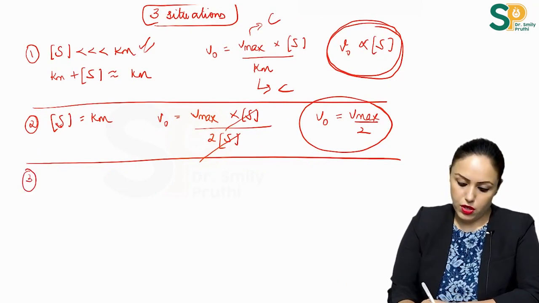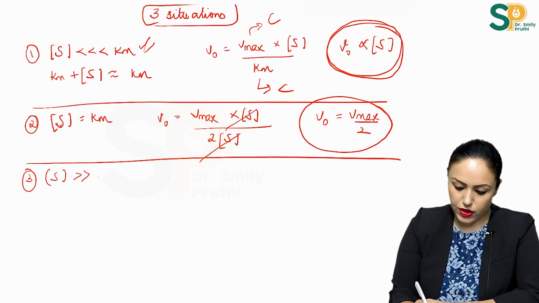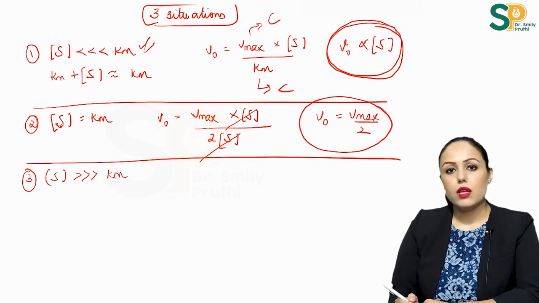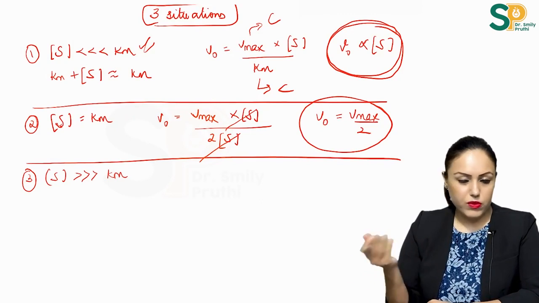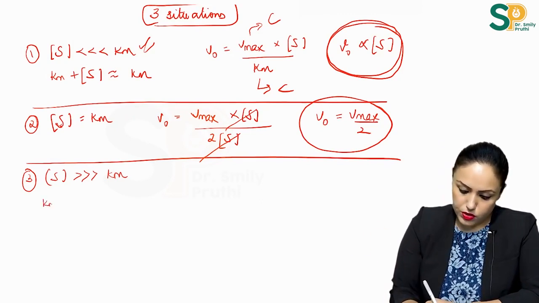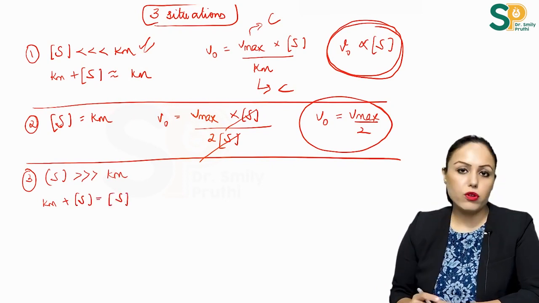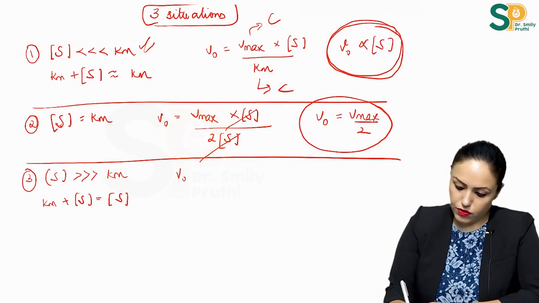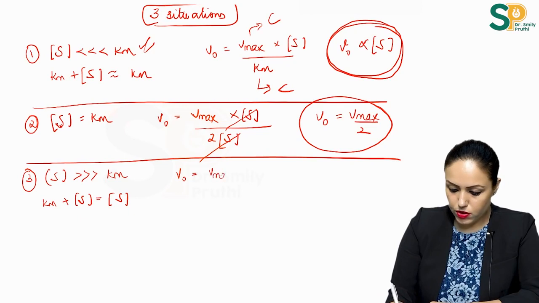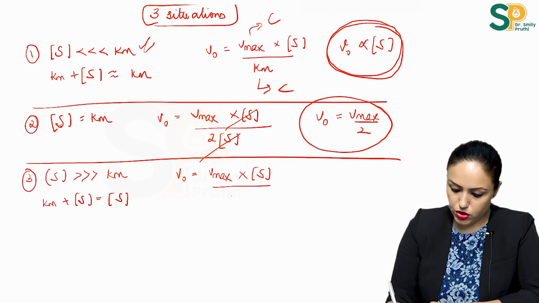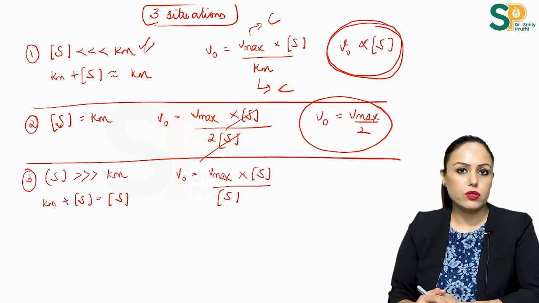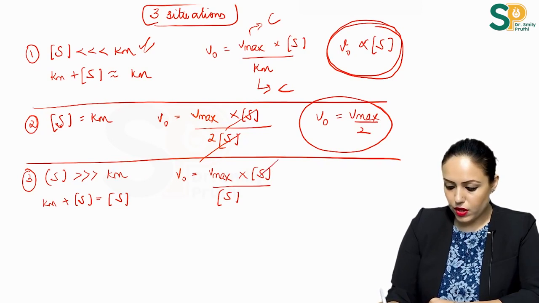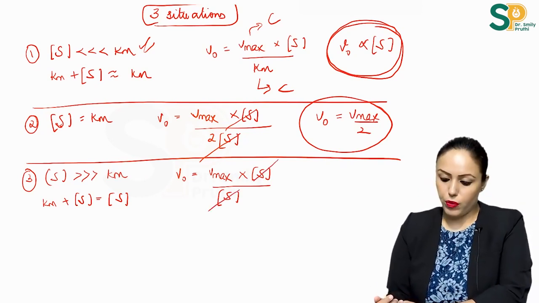Then third situation, when substrate concentration is very much higher than Km, you can ignore Km. Km is very less. So Km plus substrate concentration is equal to substrate concentration. Putting this in the formula, V naught is equal to Vmax into substrate concentration divided by substrate concentration, right? So we can cancel substrate concentration in the numerator and denominator.